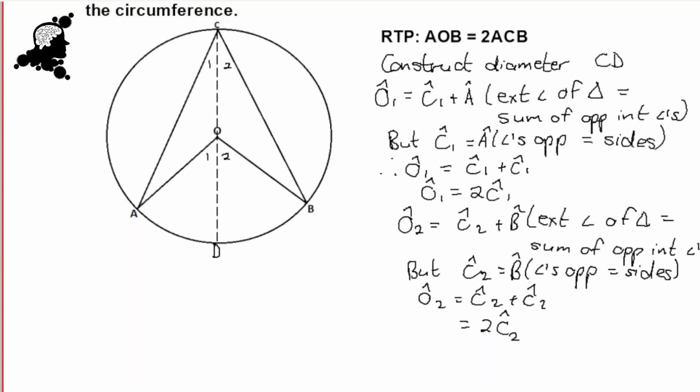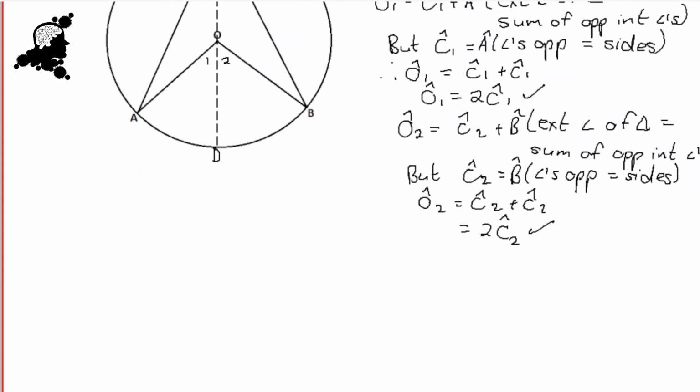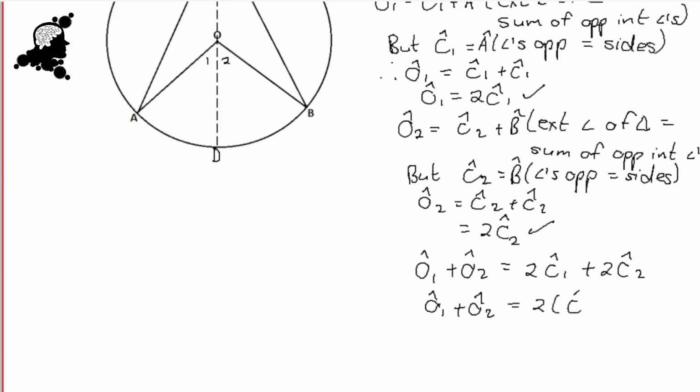Now we can take the O1 that we have here and the O2 that we have here, and add them up. So O1 plus O2: for O1 we said we've got 2C1, and for O2 we've got 2C2. If I take out a common factor of 2, I'm going to remain with C1 plus C2.